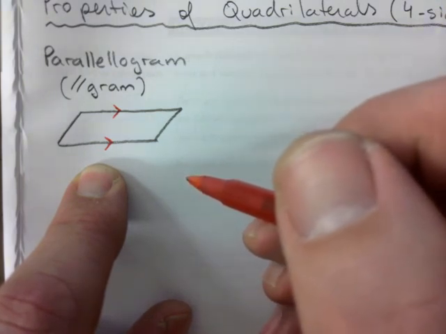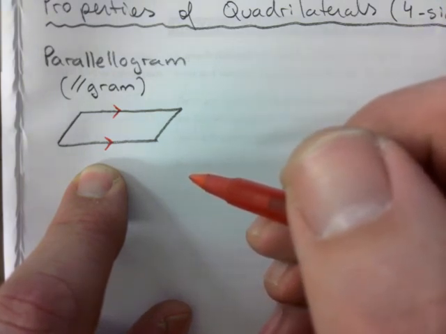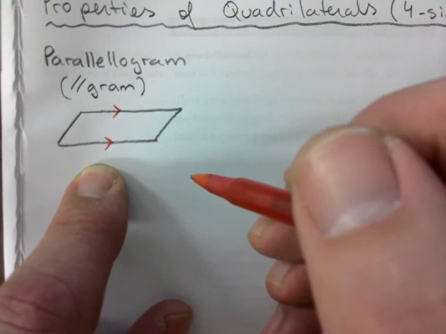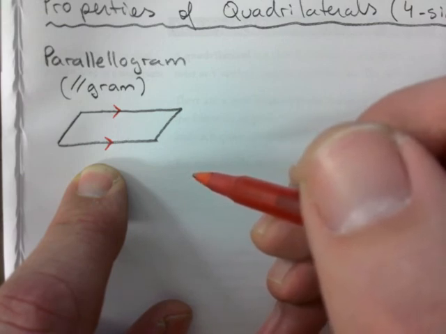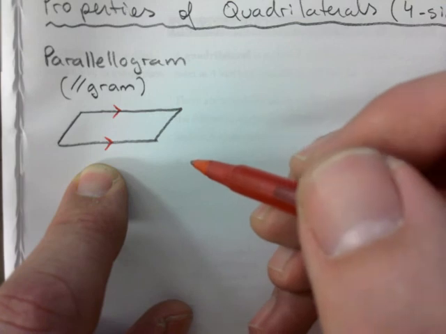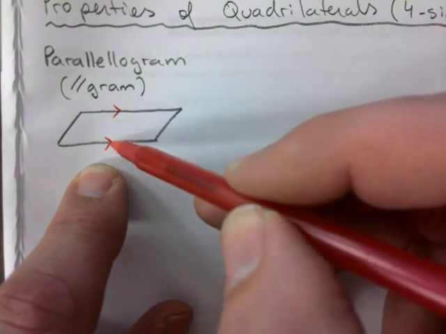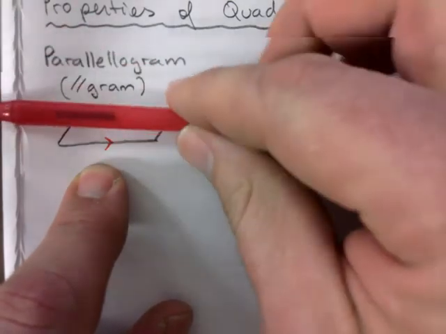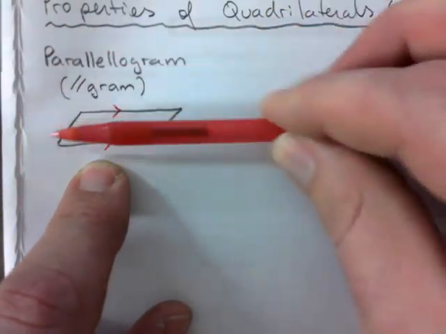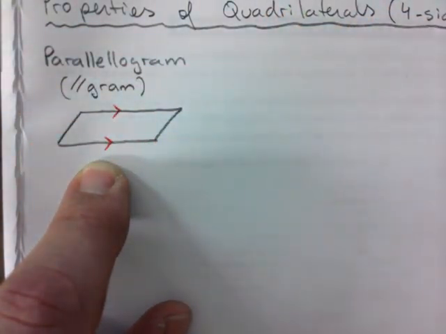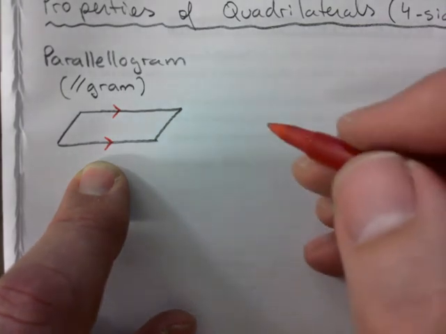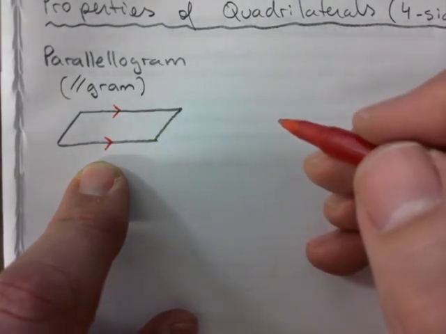If I said two lines are parallel, what do we know about them? I think what you're referring to is that they're never going to meet. They're copies of each other, but if I were to extend this to infinity, they would never meet, right? That's the main reason that we call them parallel, okay?